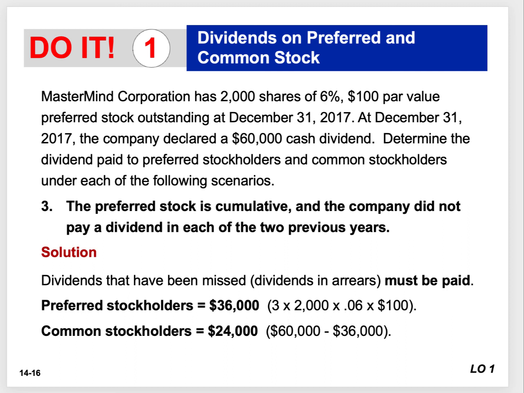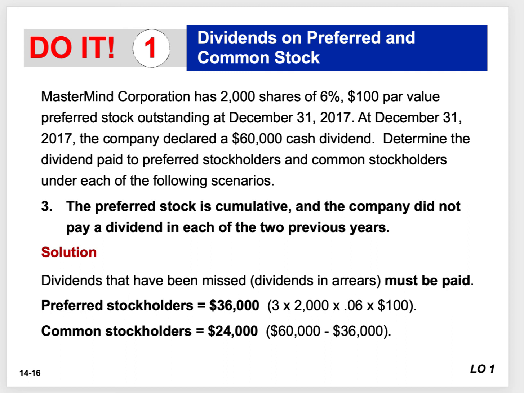So we take the par value of $100 times the number of shares outstanding, 2,000, times that stated rate, 6%, times 3, right? Why 3? We're 2 years in arrears plus the current dividend. We have to pay the preferred shareholders $36,000. How much is left for the common shareholders? Well, that's easy.